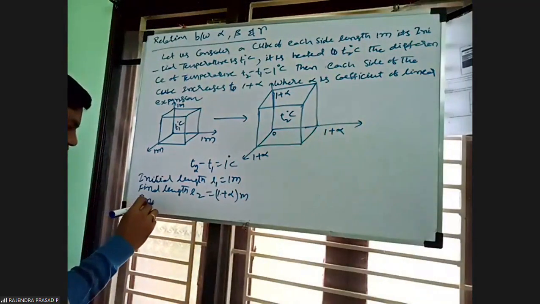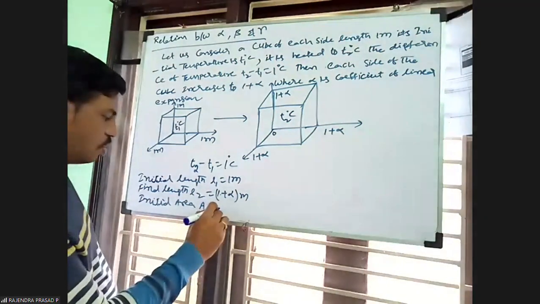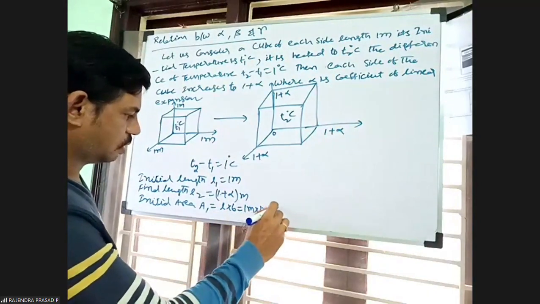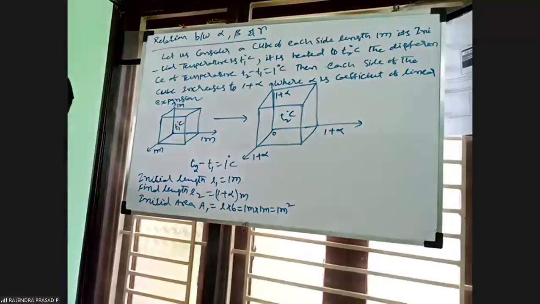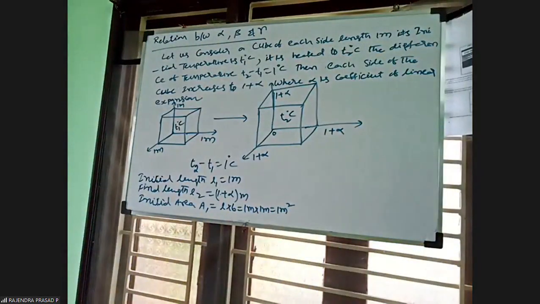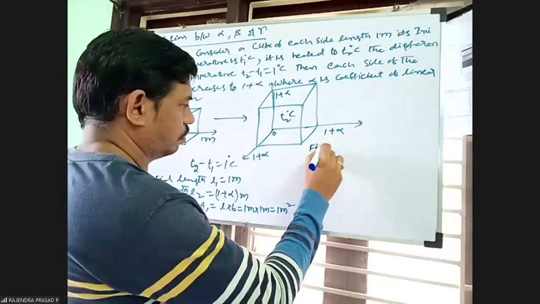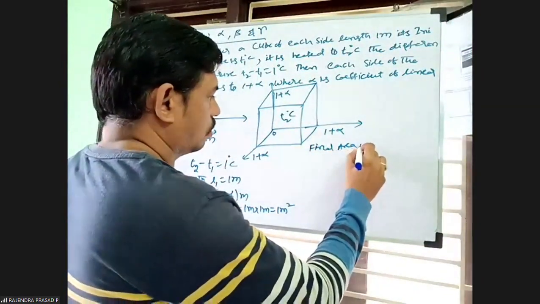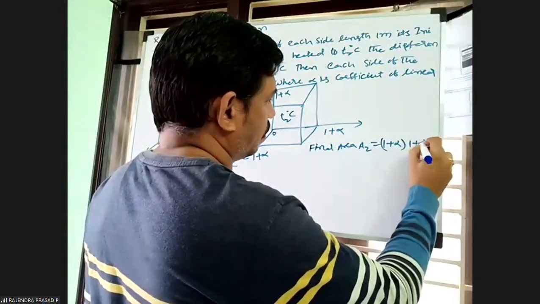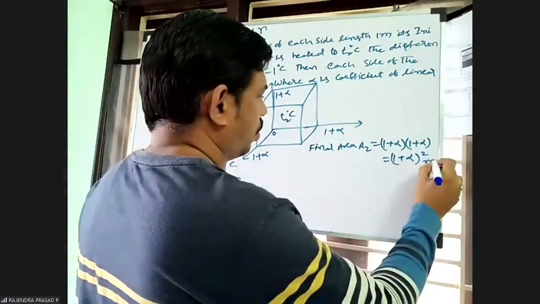Initial area: A1 equal to L into B, 1 meter into 1 meter, 1 meter square. Next, final area: A2 equal to 1 plus alpha into 1 plus alpha, so (1 plus alpha) whole square meter square. Unit, M is the meter.